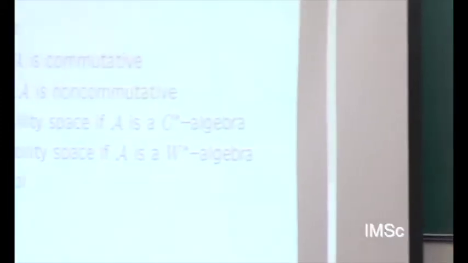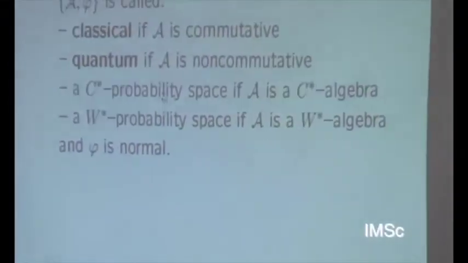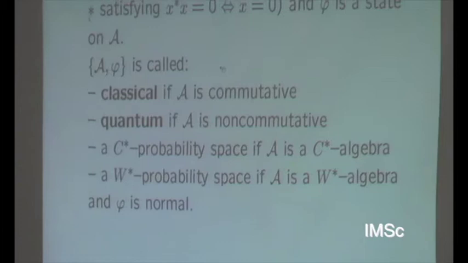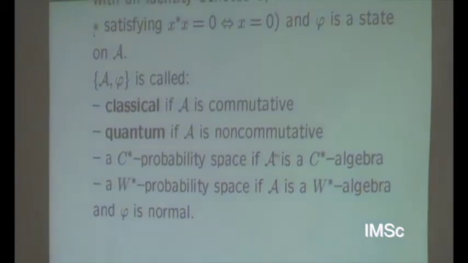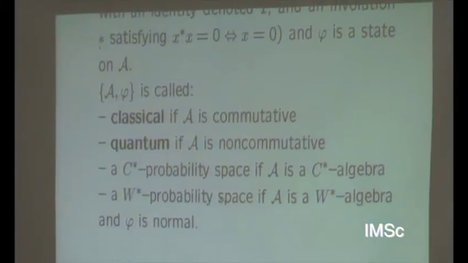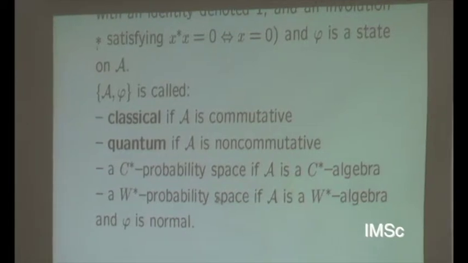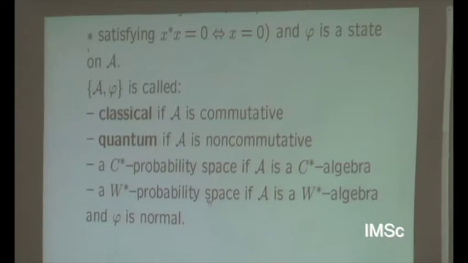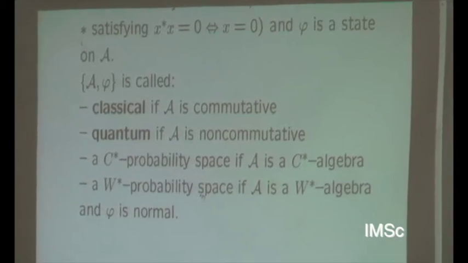We will see several important examples given by C-star probability spaces, in which the algebra A is a C-star algebra. Another class will be given by the W-star probability spaces, in which the star algebra is a von Neumann algebra.